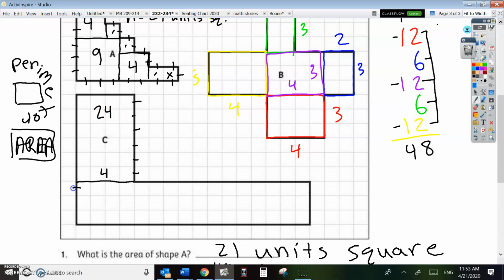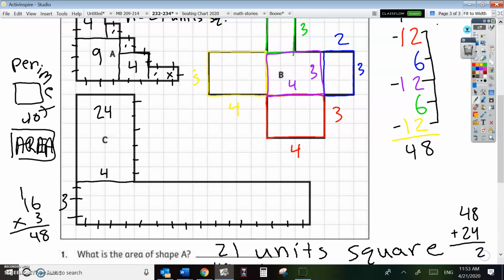And then this here is 3 by 1, 2, 3, 4, 5, 6, 7, 8, 9, 10, 11, 12, 13, 14, 15, 16. 16 times 3 is 48. 48 plus 24 is 72.